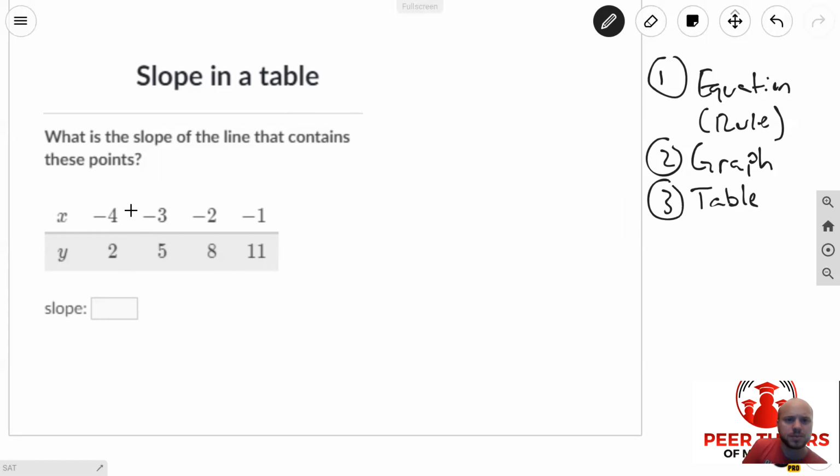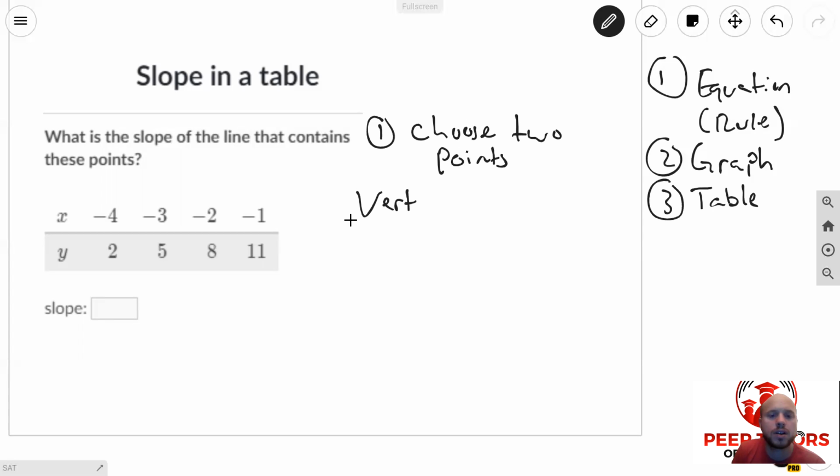Okay, but we can calculate the slope in a table. So what we're going to do here is just choose 2 of the points. And remember, the slope is the vertical over the horizontal change.